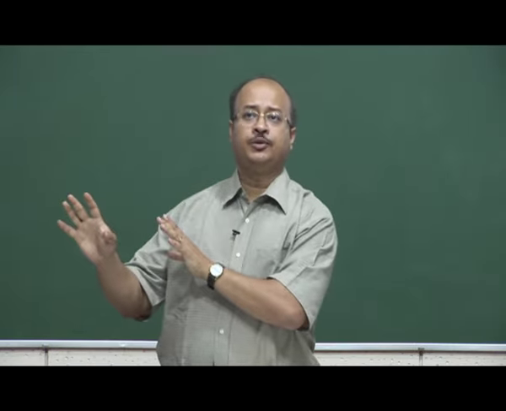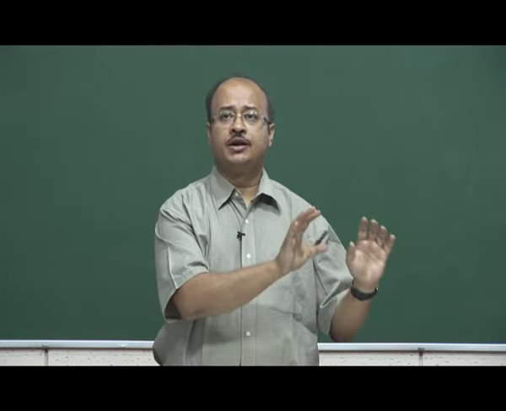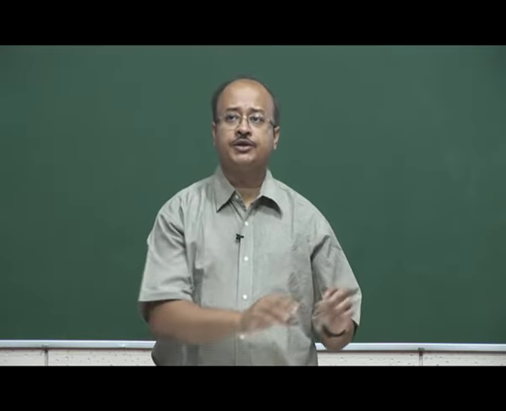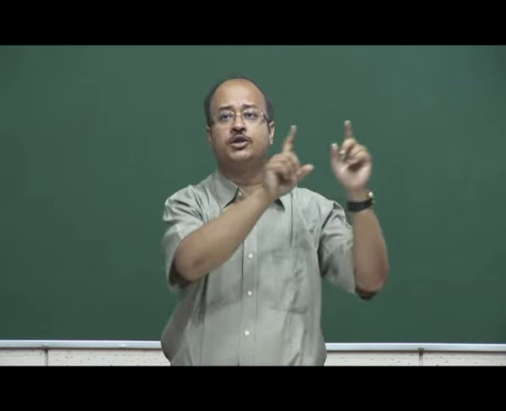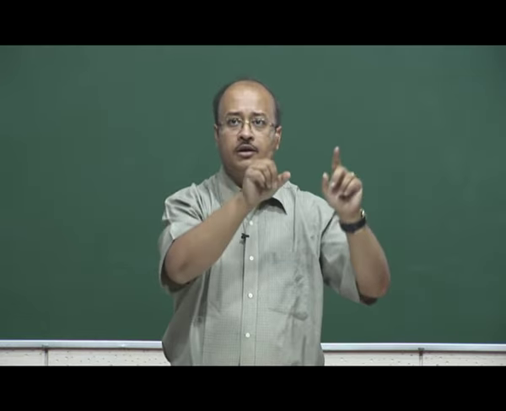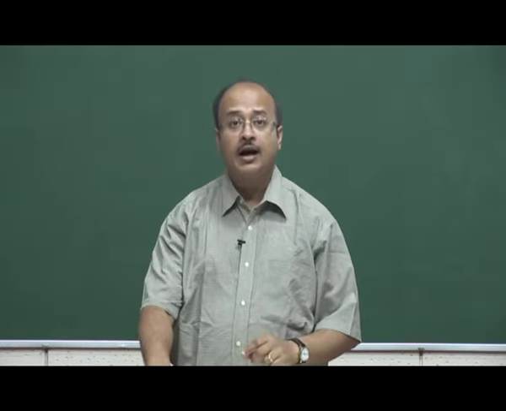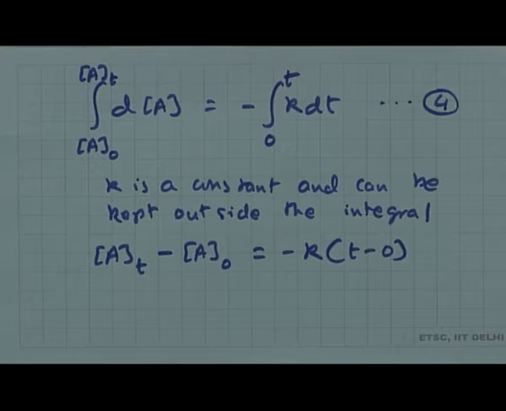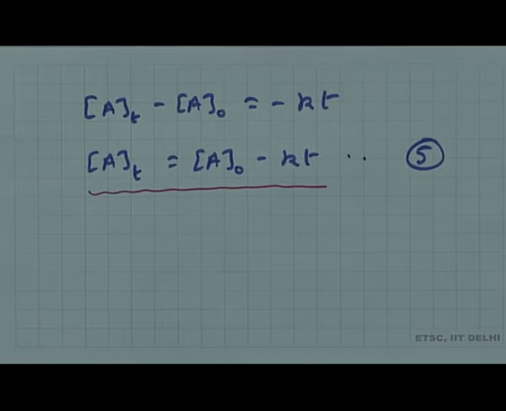For t is equal to 0, my concentration is A naught, the initial concentration. For t is equal to t, my concentration is concentration of A at time t as defined by this integral, right. And hence, when I go ahead and do the integral, I end up with an equation like this.